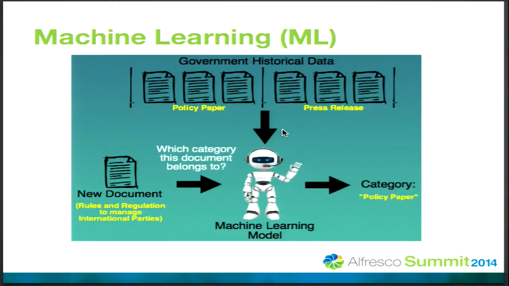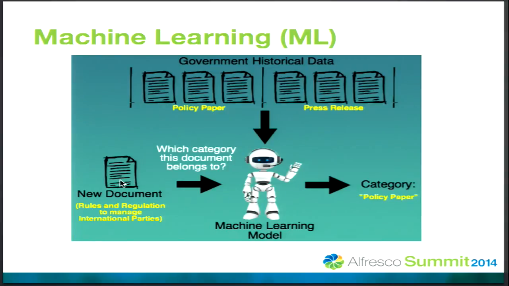After the training process, we apply the machine learning algorithm to this training data, and we come up with a machine learning model. The machine learning model is like the brain of this system. It is what is capable of making smart predictions on data.